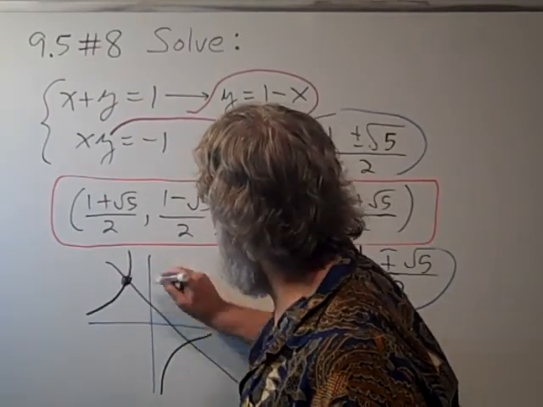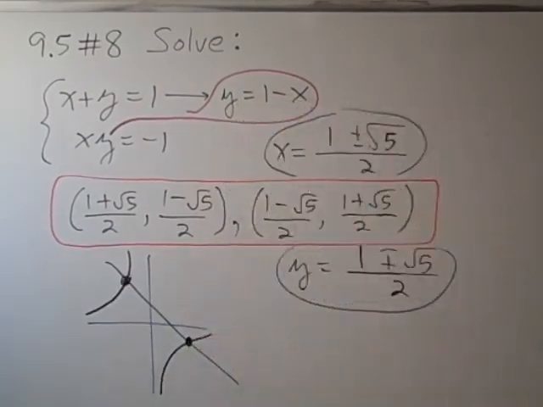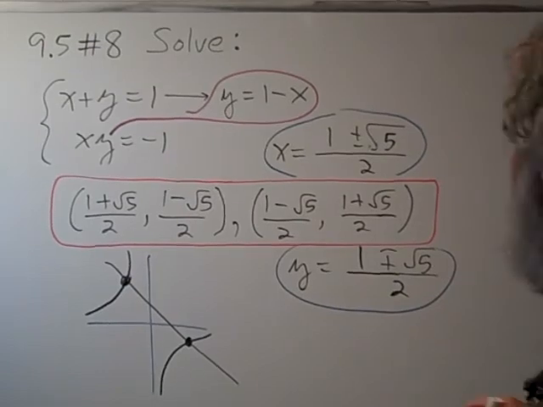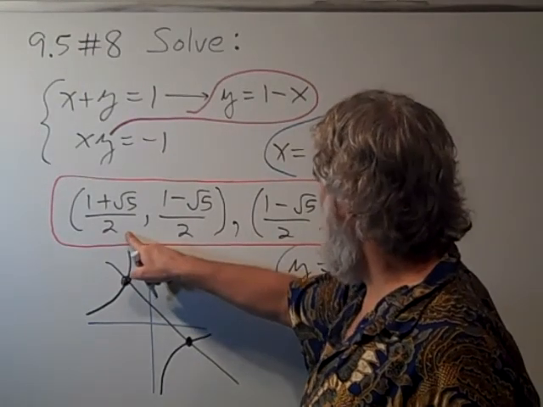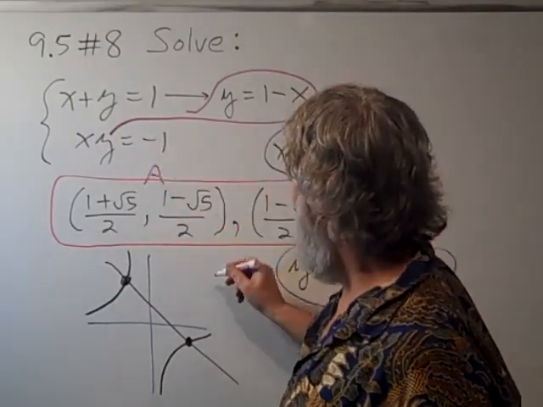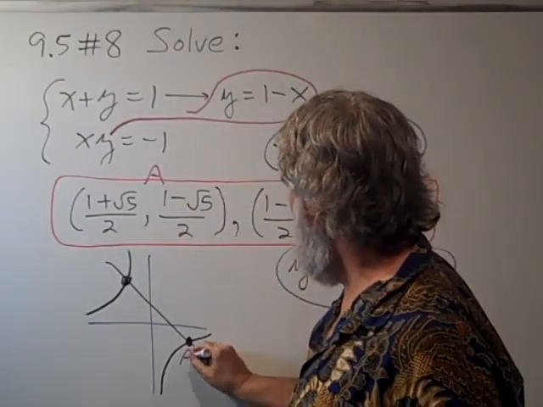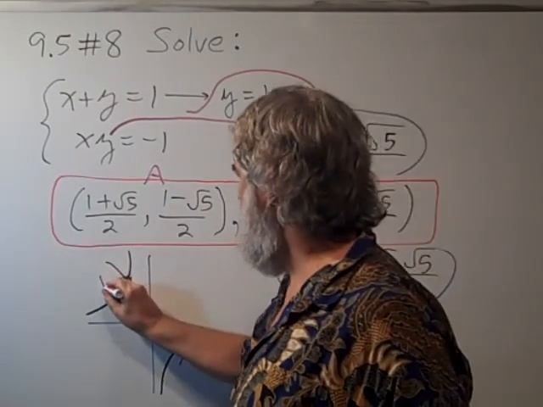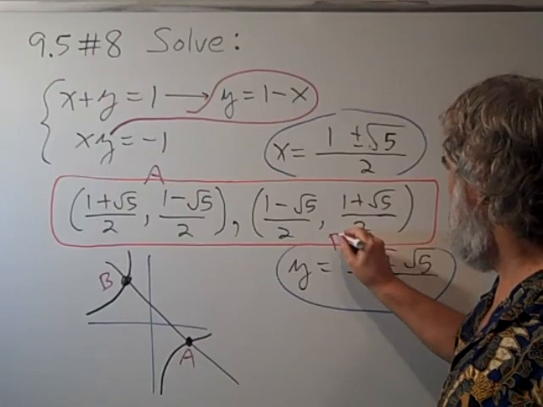And so we found these 2 points of intersection here. And the first point we found has a positive x coordinate, so that's this one. So this is the point A. That's over here. And this other point with a negative x coordinate is the point B. So this is the point B.